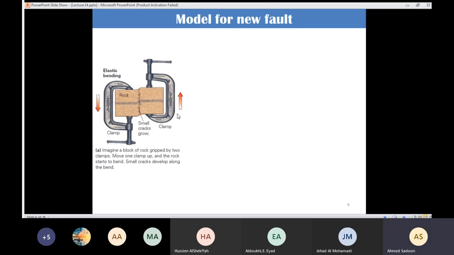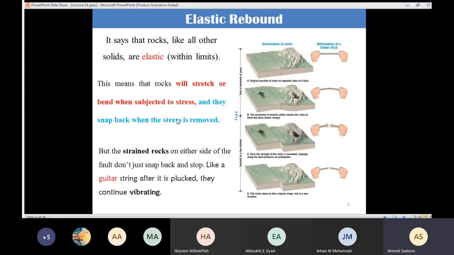Then if you apply a force in this direction and in that direction, as a result, the rock is going to bend like this one. And as a result, you are going to see small cracks like this one. If you increase the force, eventually you are going to see a new rupture or new fracture here.